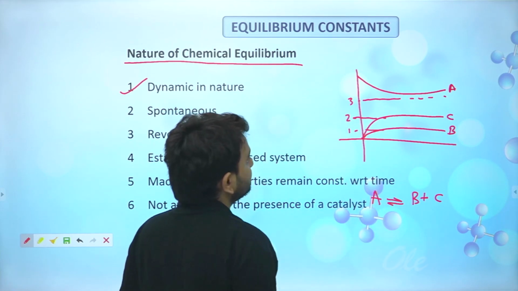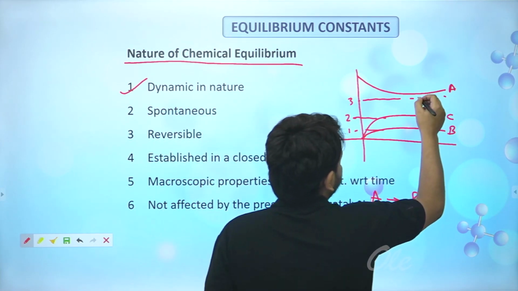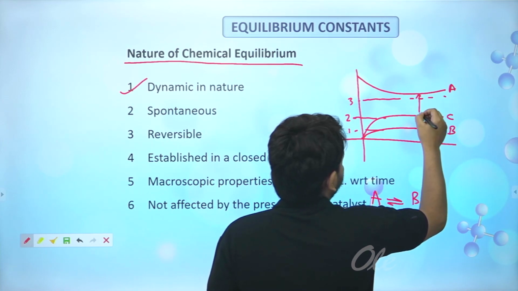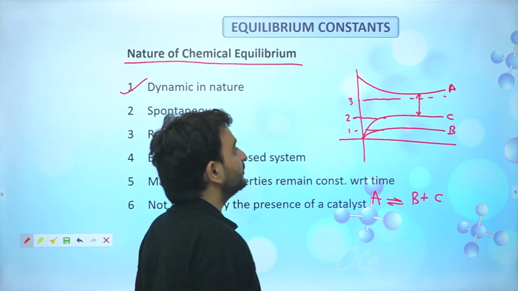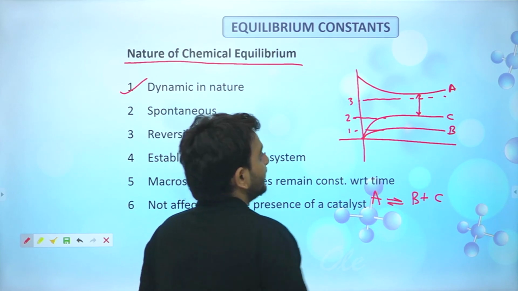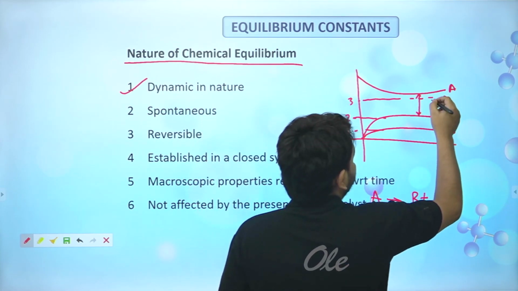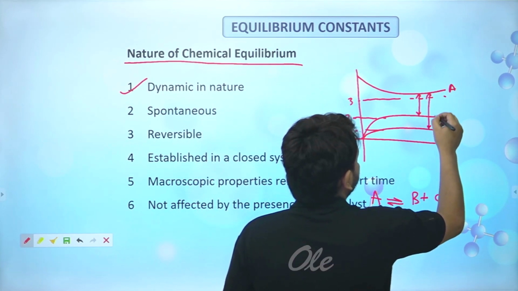then you can very easily say that this would be the difference between these two. One would be the difference between A and C, and the difference between the stoichiometric coefficients of A and B would be 2.